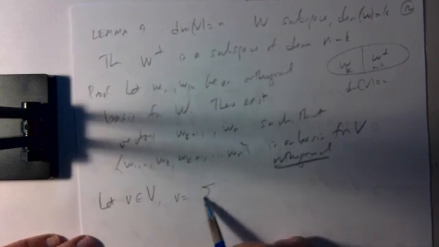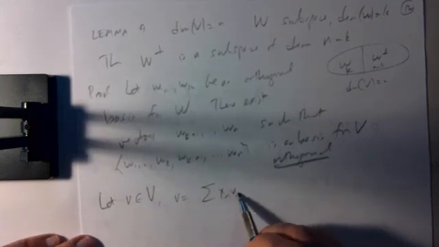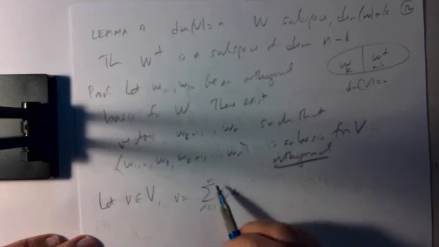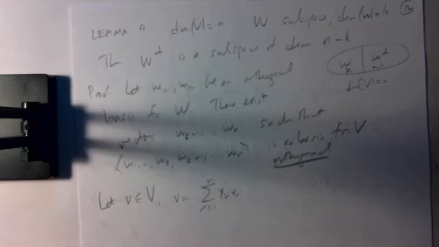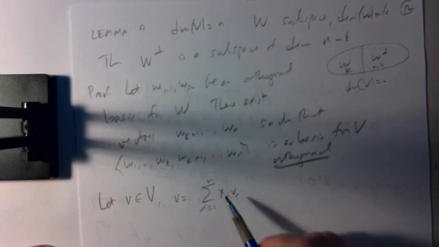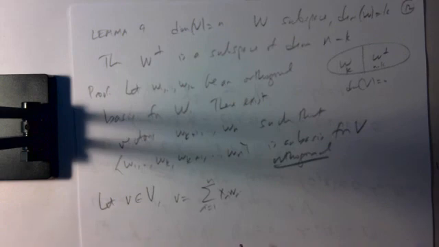Suppose we let v be any vector in the vector space. So you can write v as some linear combination, sum over i from 1 up to n of x_i times w_i, the vectors in this orthogonal basis.